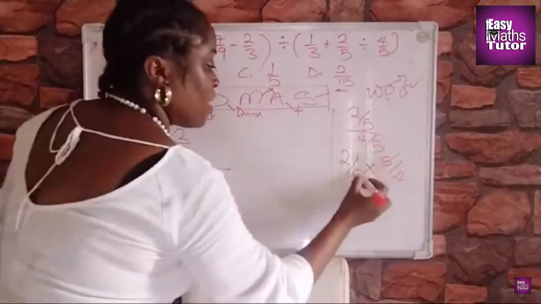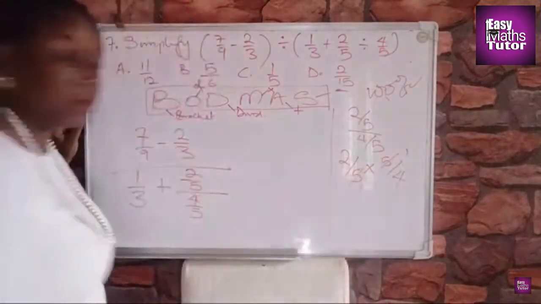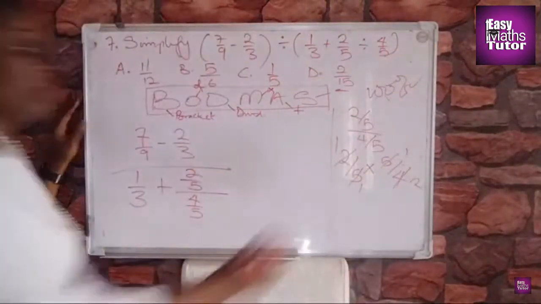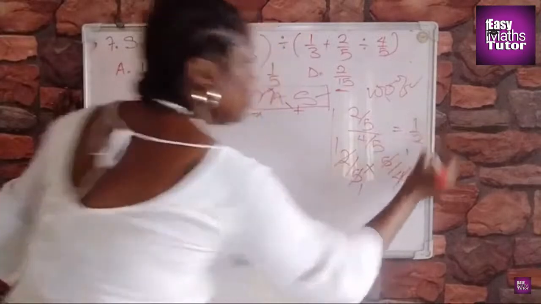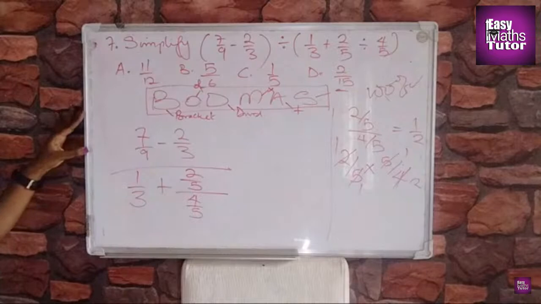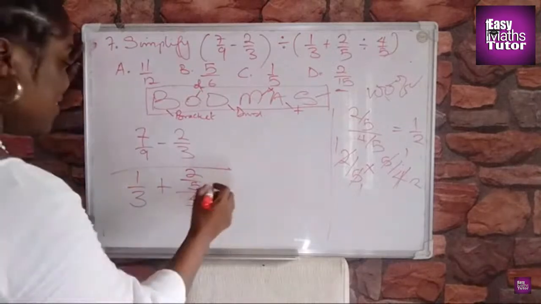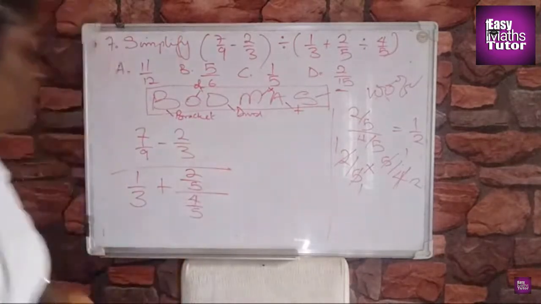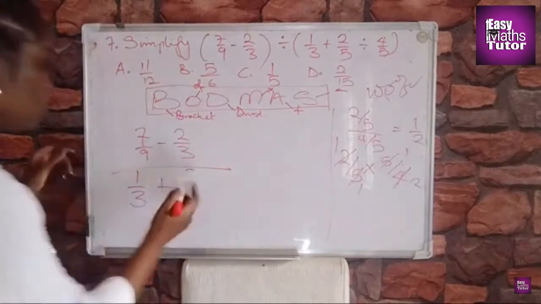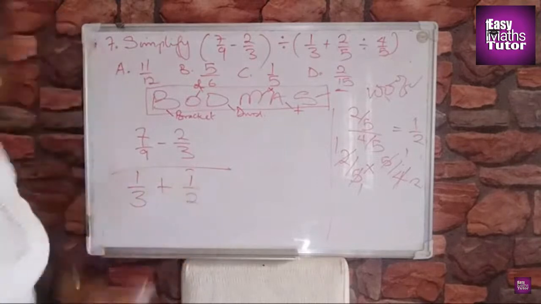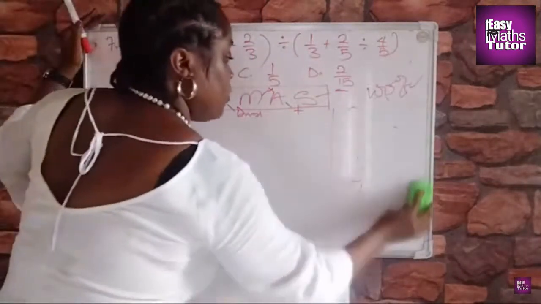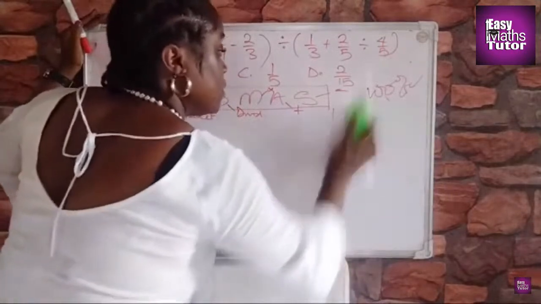So this 5 will cancel 1, this 5 will cancel 1. 2 cancels here, 1, 2 cancels here, 2. Giving us 1 over 2. Isn't that beautiful? Looks good to me. So this will become 1 over 2. On our rough section here, I hope you're writing this down in your book.